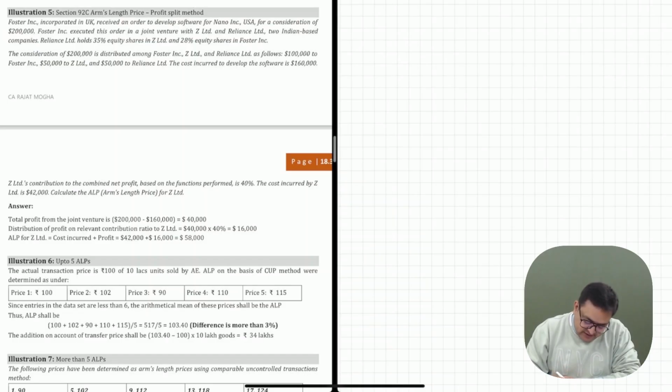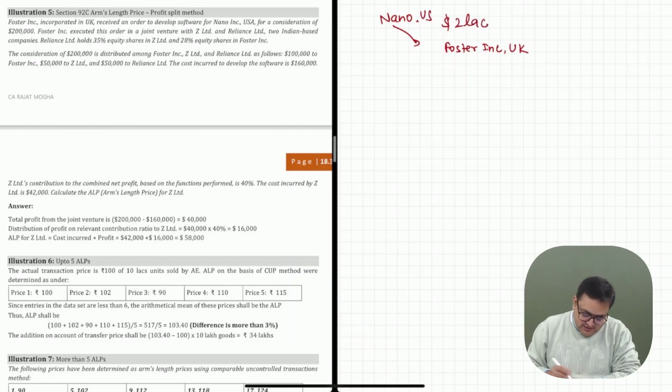So Foster Inc., a UK based organization, has received an order from Nano US. How much are they charging? They are charging $2 lakh.